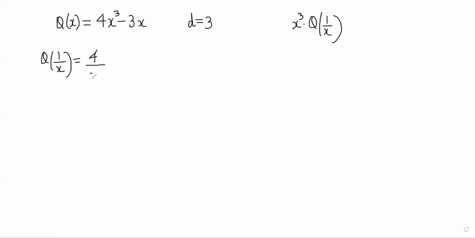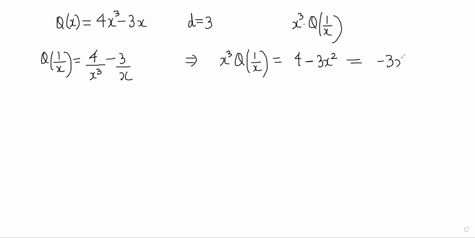Q of 1 by x will be 4 by x cubed minus 3 by x, and therefore x cubed q of 1 by x would be equal to 4 minus 3x squared. So the polynomial can be written as minus 3x squared plus 4. Again, notice that here the order of the coefficients was 4 and minus 3, and now it is minus 3 and 4. So that is the reciprocal polynomial of this.